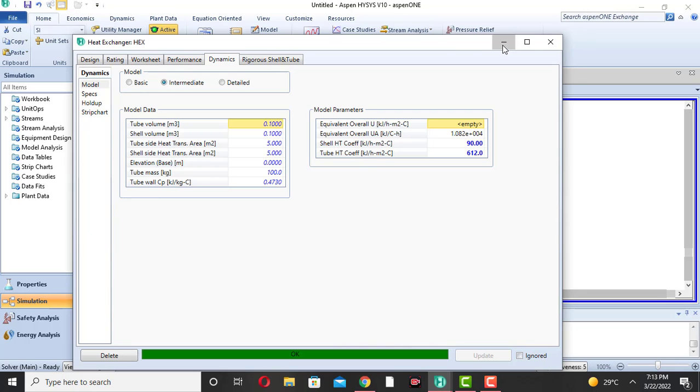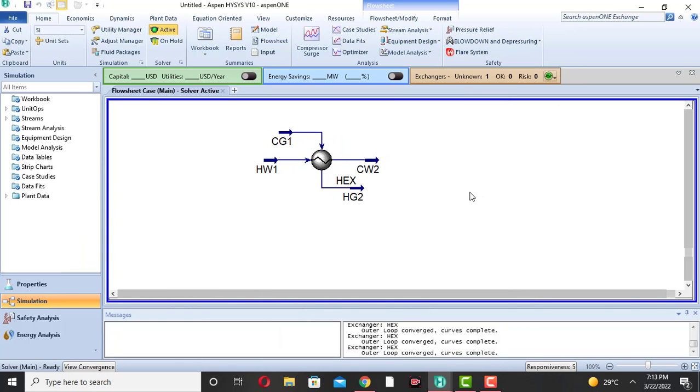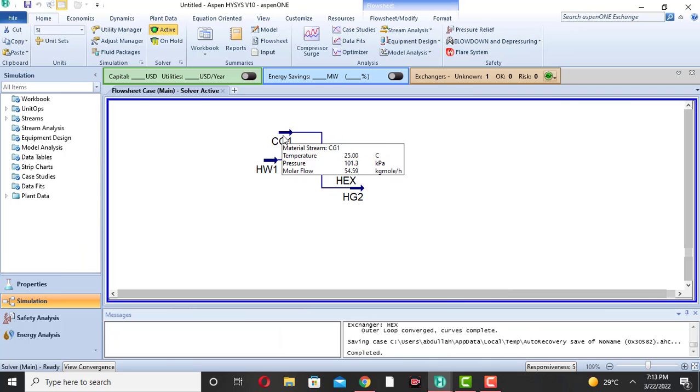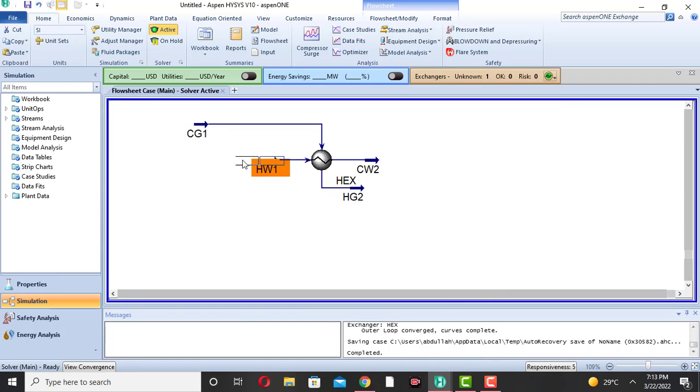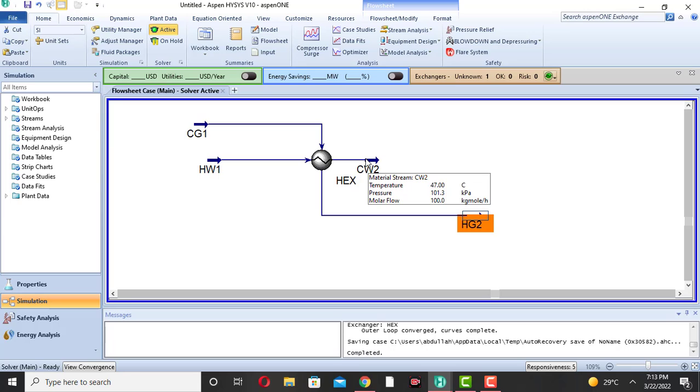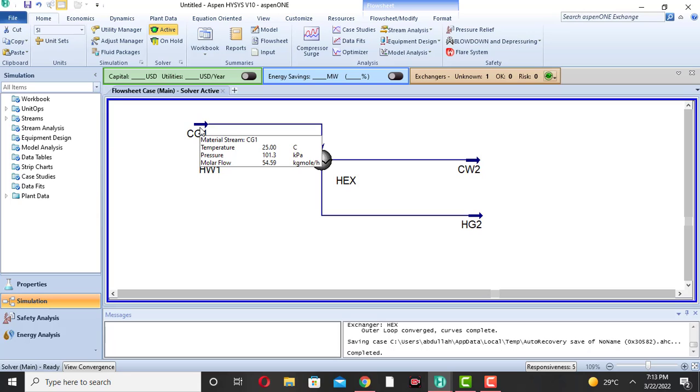We can come to the heat exchanger. This is the glycerin and this is the hot water. This is the glycerin outlet and this is the water outlet. You can check from here the temperature, pressure, molar flow rate.